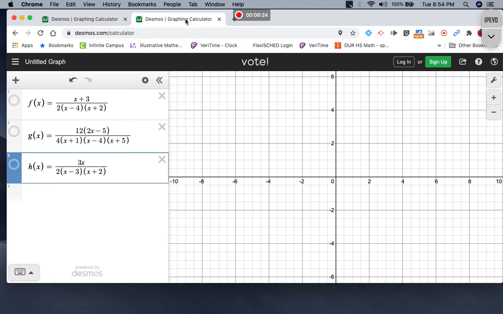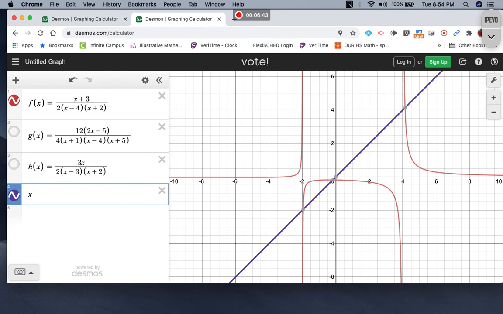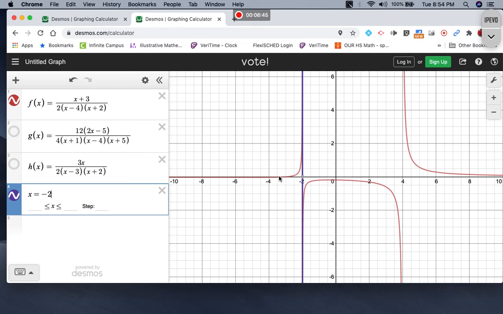Let's look at a few others. If I look at this one, x plus 3 over 2 times x minus 4 times x plus 2. I'm coming along here, and then I'm getting to negative 2, and all of a sudden, wow, I swerve. I got a wall there. x equals negative 2.